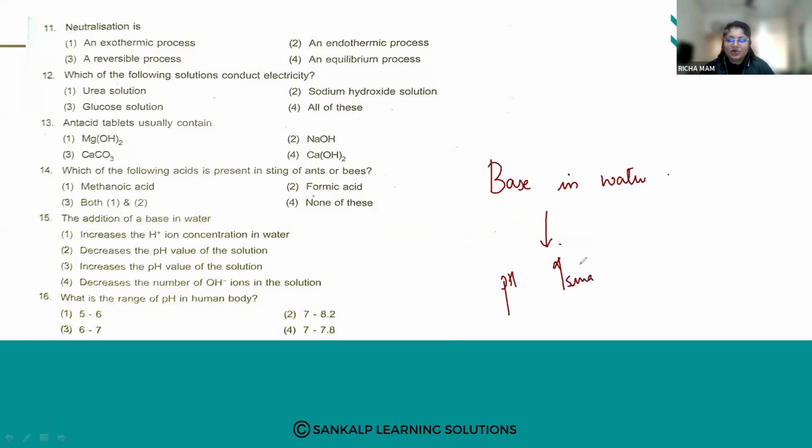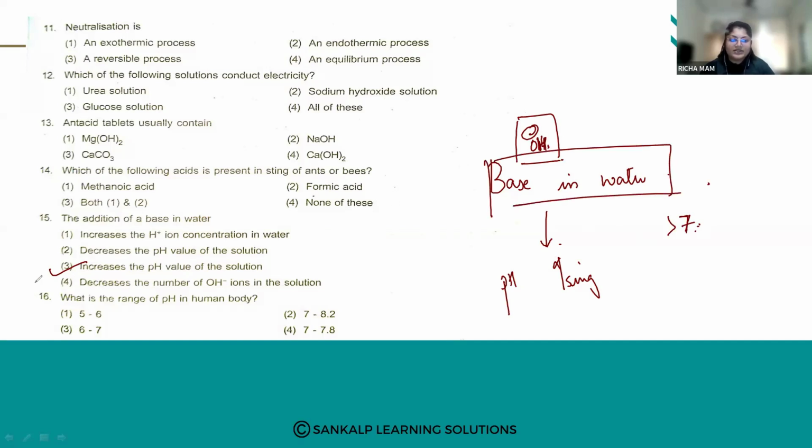So the answer is option number third. The pH will go on increasing because the number of OH ions will be more. So the pH will be more than 7.